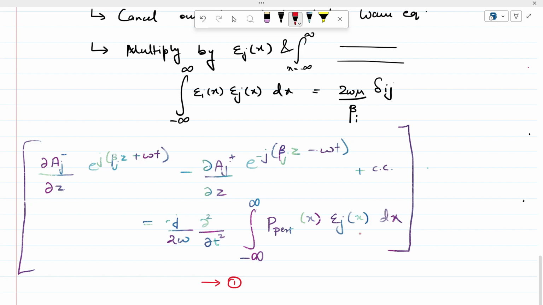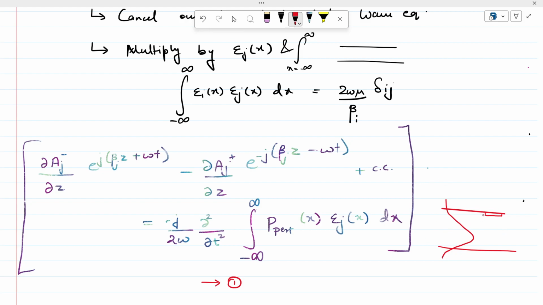If my waveguide is like this, say some gradient index kind of waveguide, and the refractive index distribution is such that the mode is lying like this, with most of the intensity in this region, and I have a certain small perturbation here, that is not going to affect the mode much.